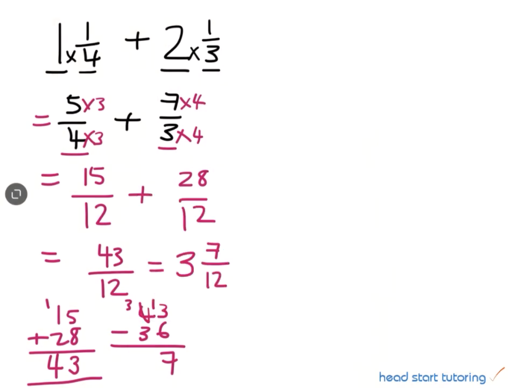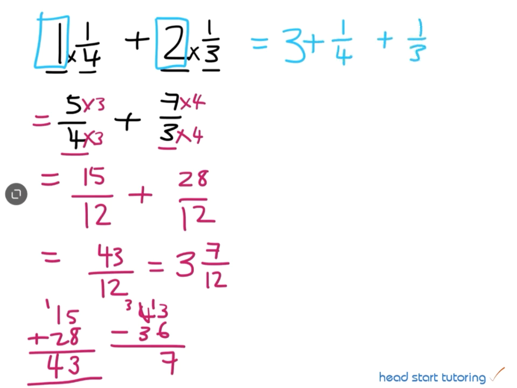Let's have a look at what would happen if we first added our whole numbers and then added our fractions. So 1 plus 2 is equal to 3, and then 1/4 plus 1/3.